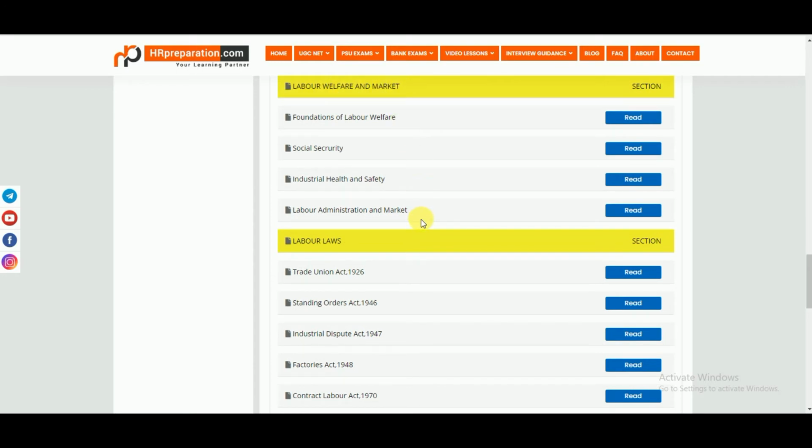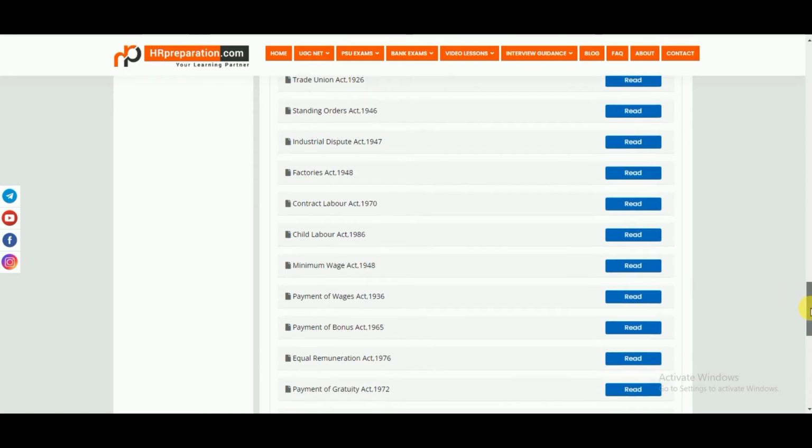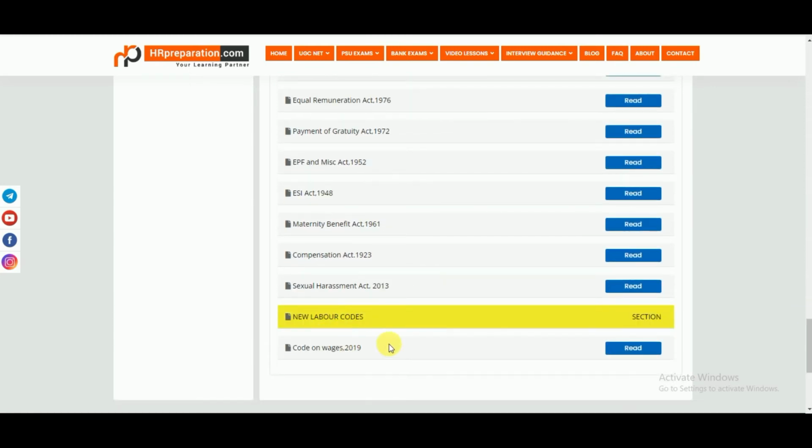Here labor welfare and market with subtopics. Here labor laws with each act in simple language and limited pages, so no need to stress yourself. Here the new labor code with codes.